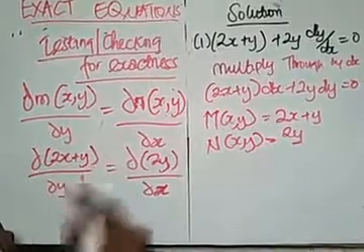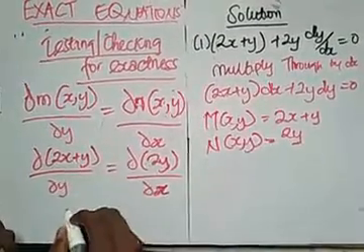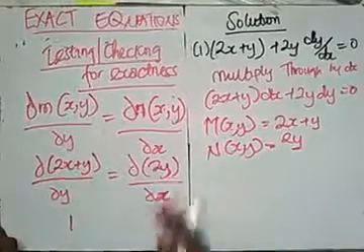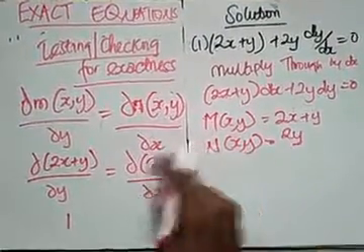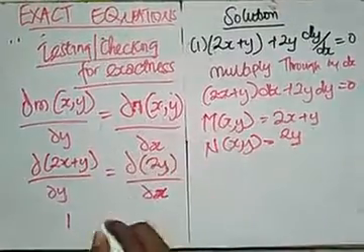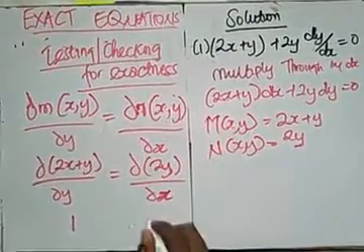If you differentiate 2x plus y with respect to y, it will just be 1, because this term will be 0. Then if you partially differentiate 2y with respect to x, since there's no x in this expression, it will be 0.